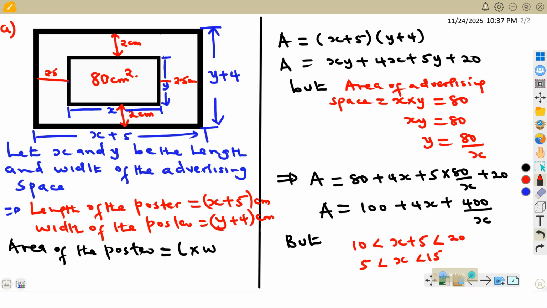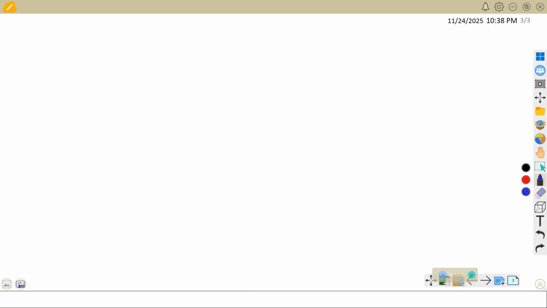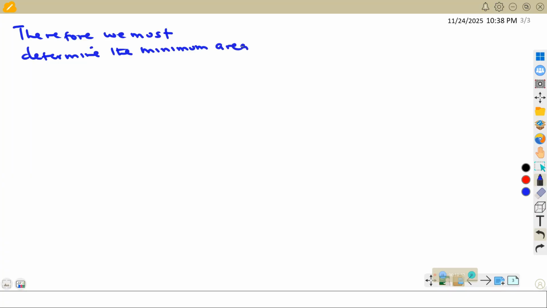So next we shall write and say our interest is therefore, we must determine the minimum area, which would be in the interval of 5 less than x less than 15. Okay, so let us look at that.